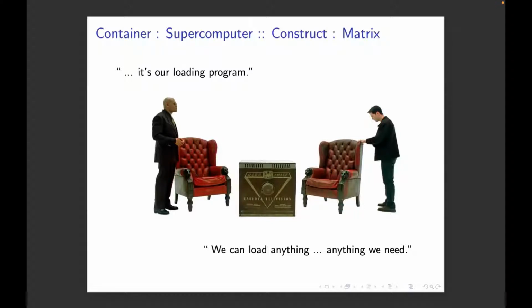So you can think about the container the same way. It's this loading program or environment where you can put anything you want in there and take it to any supercomputer you need to, and in general, it should run seamlessly across all of them, right? That's the whole idea.